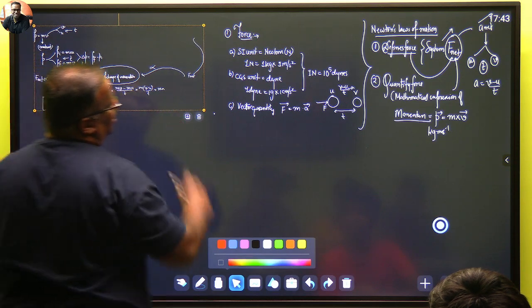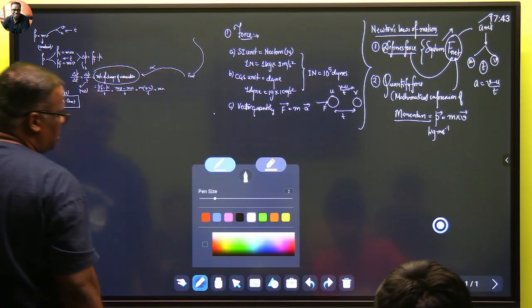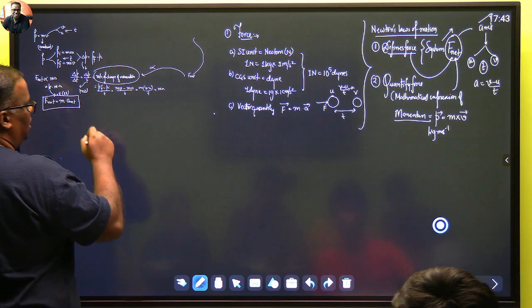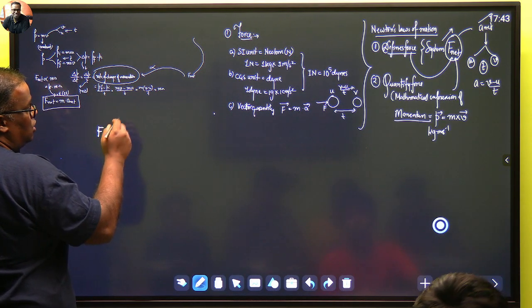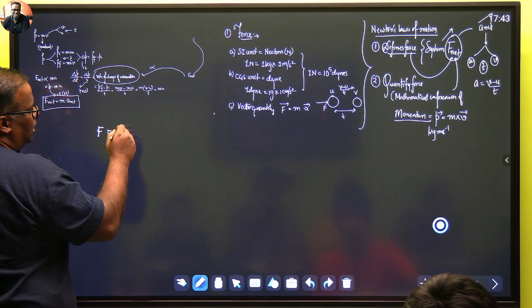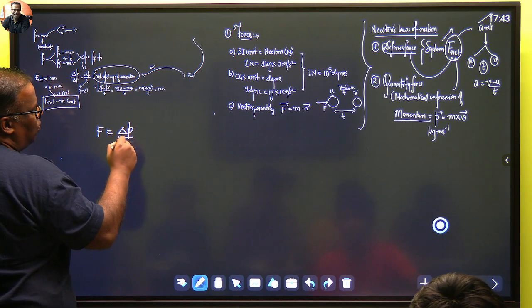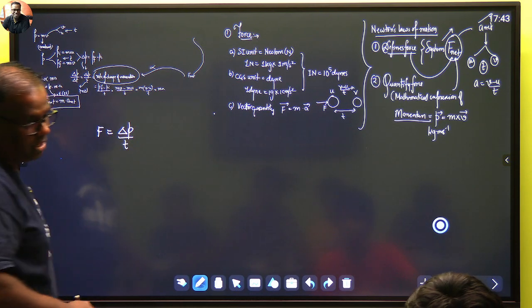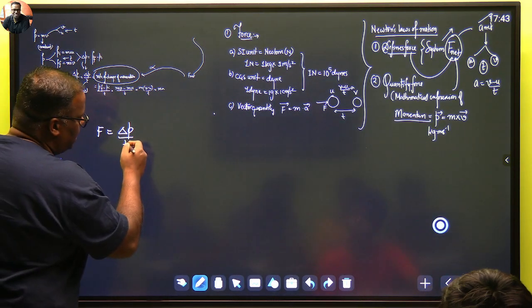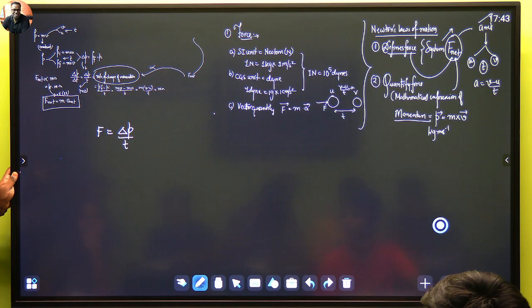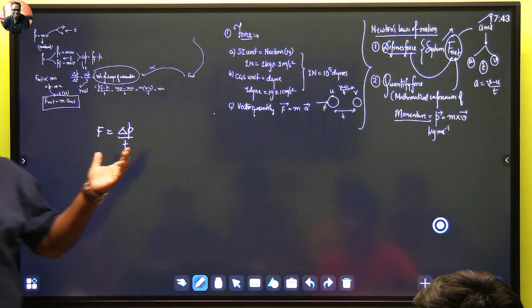Okay, now based on this, we again see this expression that the force acting on a body is equal to the rate of change of momentum, that is delta p over t. ये हमने देखा है ना, delta p over t. So if you see this time, ये time जो है ना, now certain examples will come where this time plays a very crucial role.